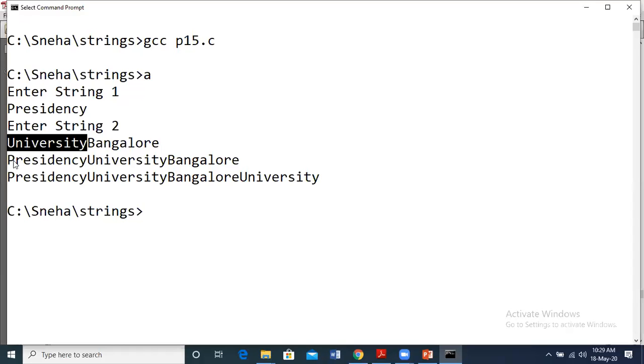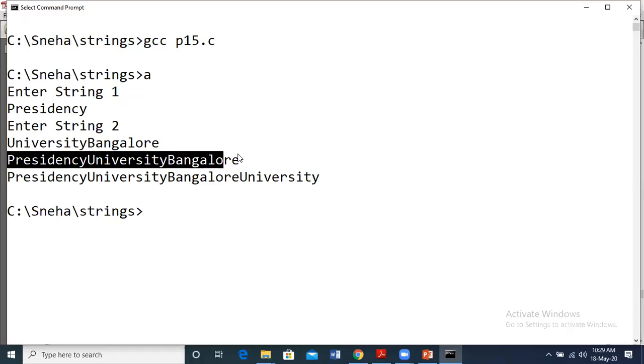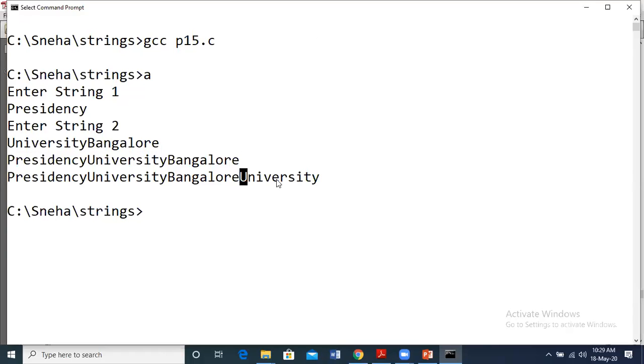What is string 1? Presidency University Bangalore. To the end of that, we are appending University. So after execution of strncat, what is string 1?